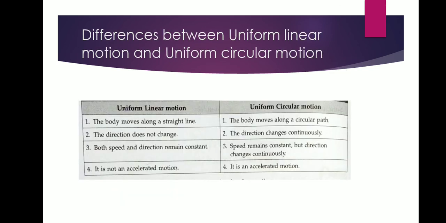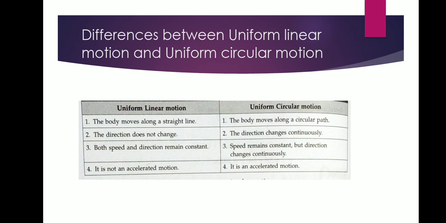Now in the next slides we have the differences between uniform linear motion and uniform circular motion. What is uniform linear motion? In this case, a body moves along a straight line, but in circular motion it moves along a circular path. The direction does not change in linear motion, but in circular motion the direction changes continuously.